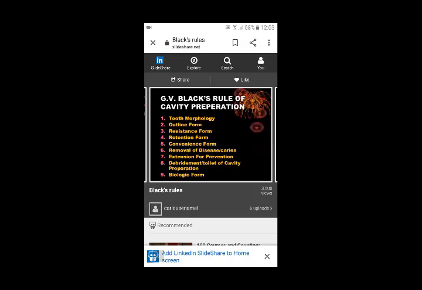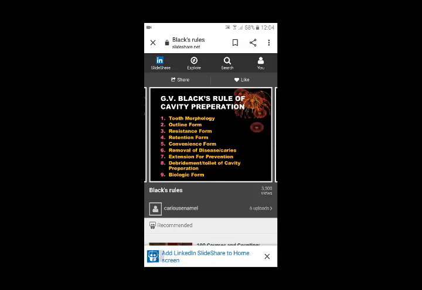Then we talked in detail about the resistance form and retention form. Resistance form means how the construction resists against earthquakes, winds, or all that weather.